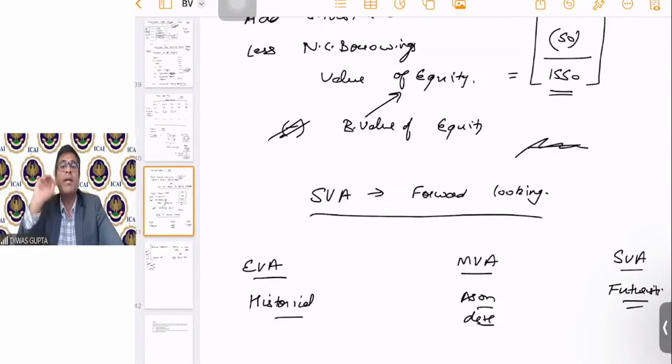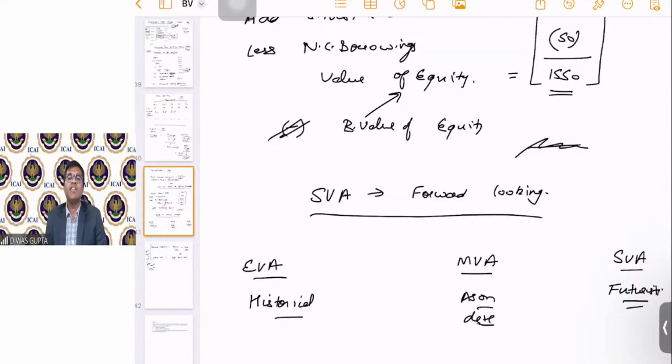You're getting my point? Even in case of EVA, for NOPAT, you're adding back interest. But while doing a capital charge, you are taking WACC. That means you are reducing the interest in EVA to arrive at the final number available for the equity shareholders. Correct? So even in EVA, you end up reducing the interest, right?